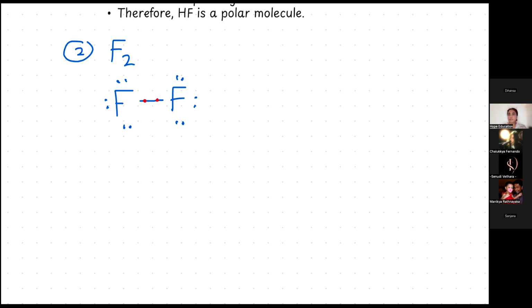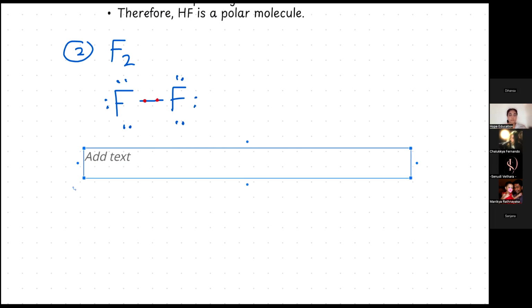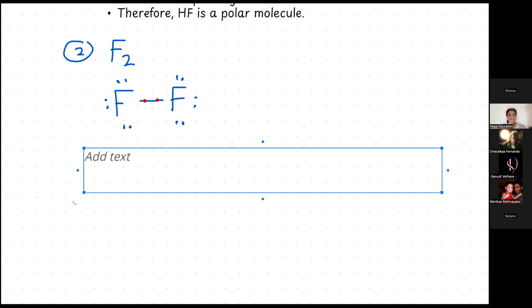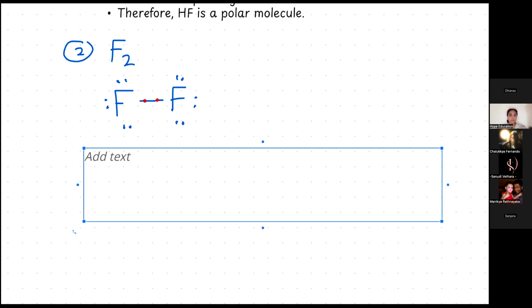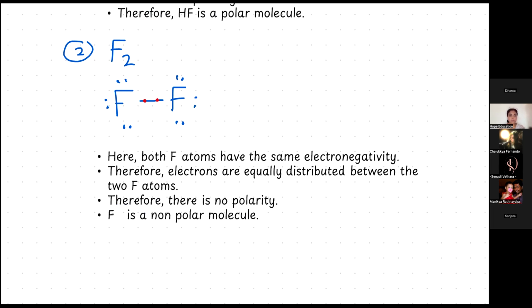So note this down, students, and we'll write. We call F2 a non-polar molecule.